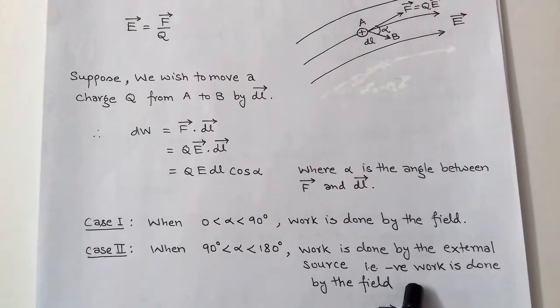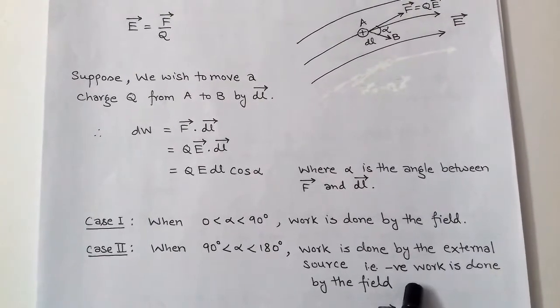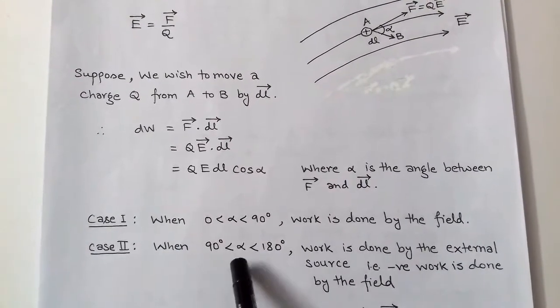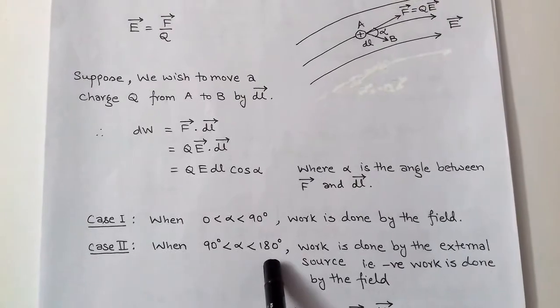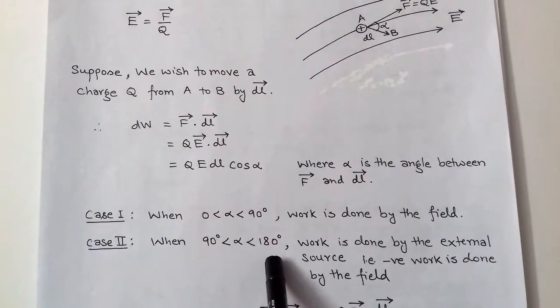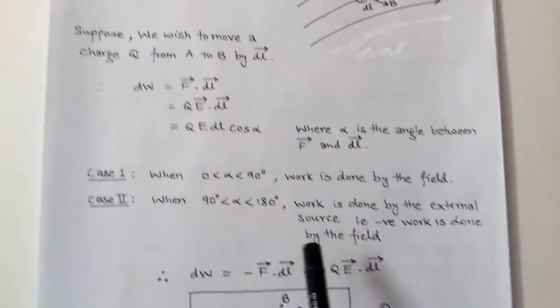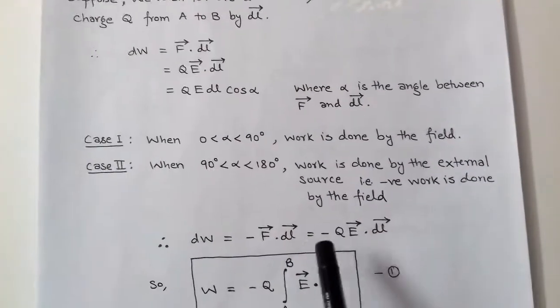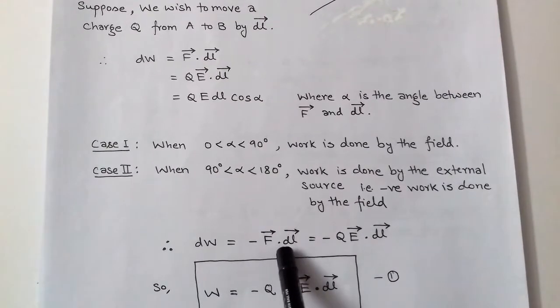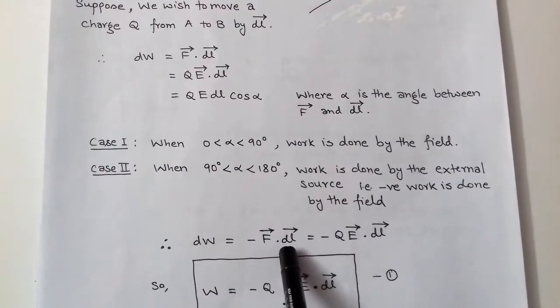So this is called a negative work. So in this case, cos alpha for the second case is negative. Cos alpha is negative. So dW in this case is minus F dot dl.